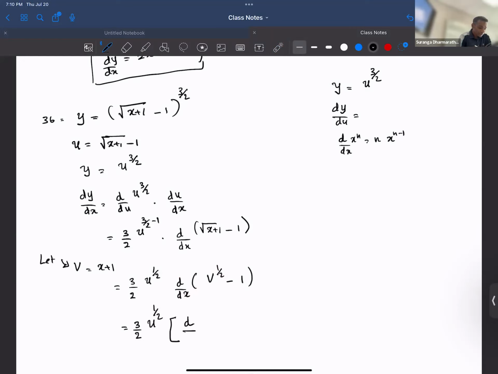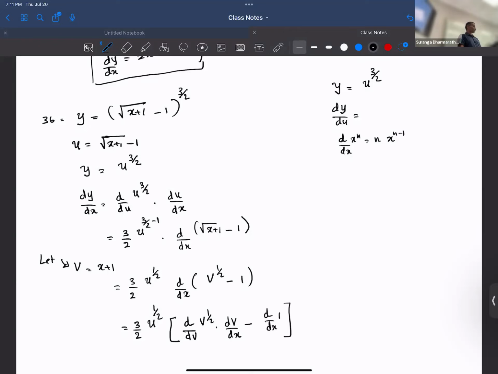d over dv of v to the power half times dv over dx, minus d over dx of 1. Right?